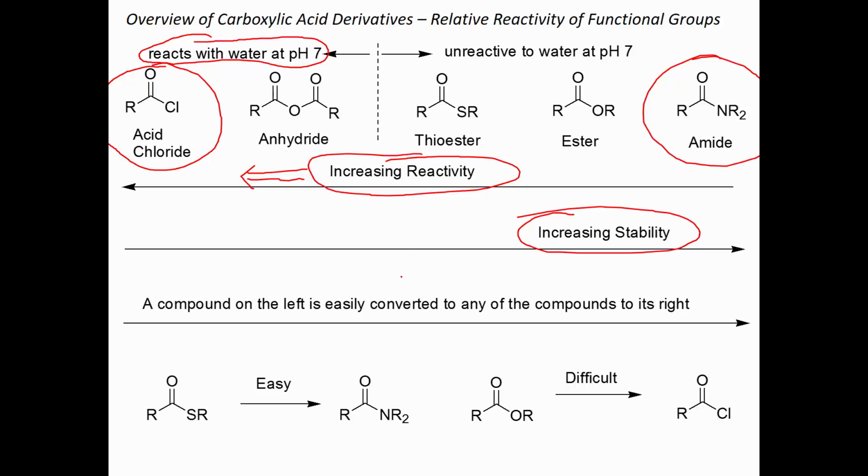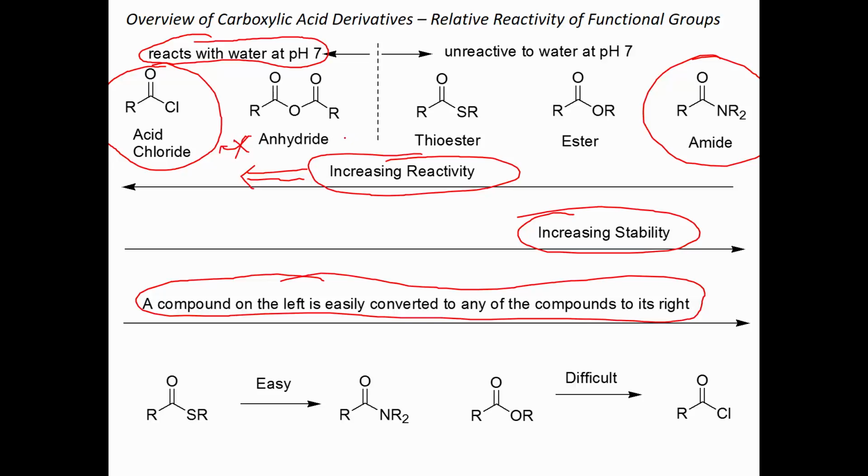Another important relationship with this diagram is that any compound pictured up here can be converted into a compound to its right very easily. For example, it would be very difficult to convert an anhydride into an acid chloride.